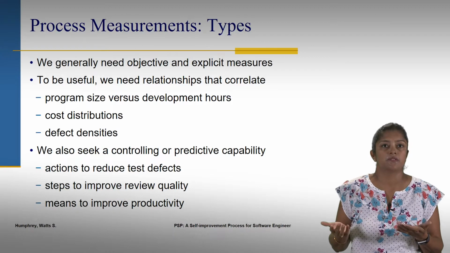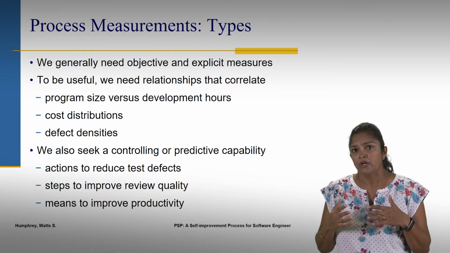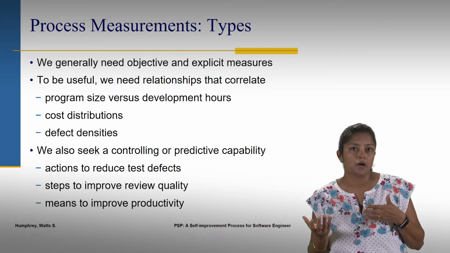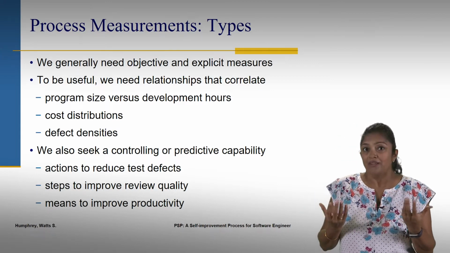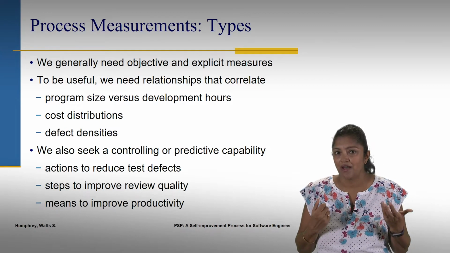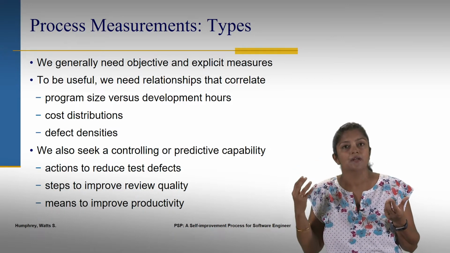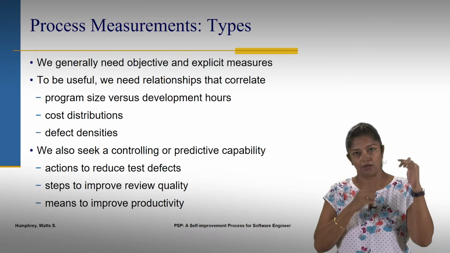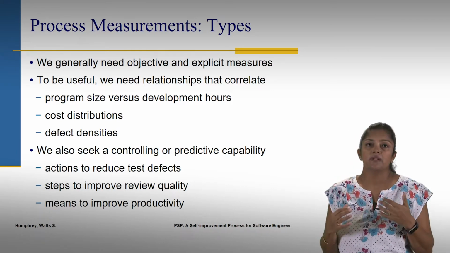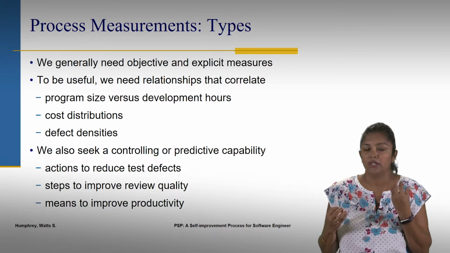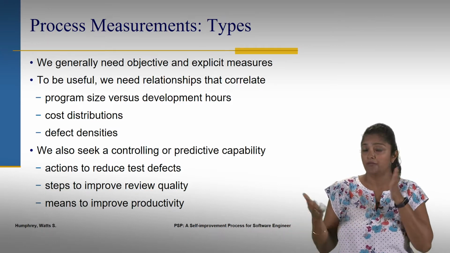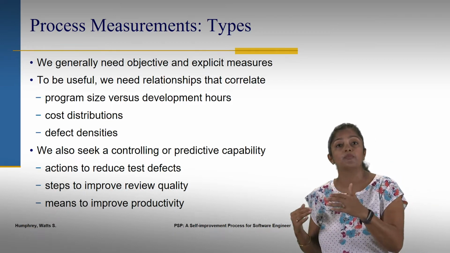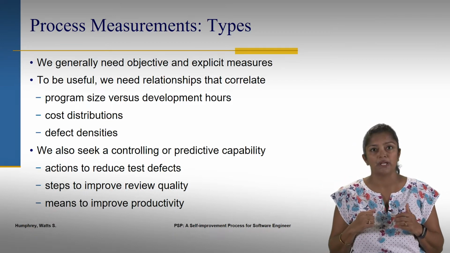So the correlations could be things like what is the program size and how many development hours does it correlate to. So then it makes sense to measure size, because based on that size you can begin to estimate how much time you might need to write code of that size. Similarly, cost distributions, coming up with the cost for a particular project depending on its size or depending on the number of hours that need to be spent on developing it.